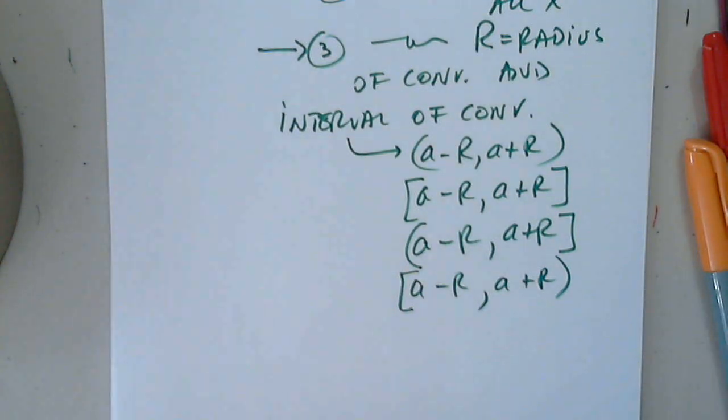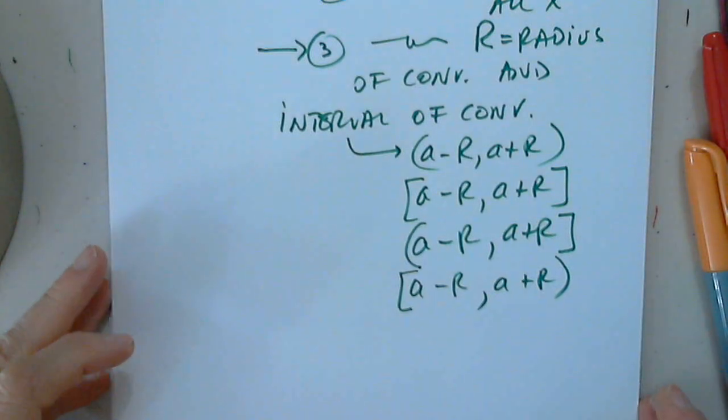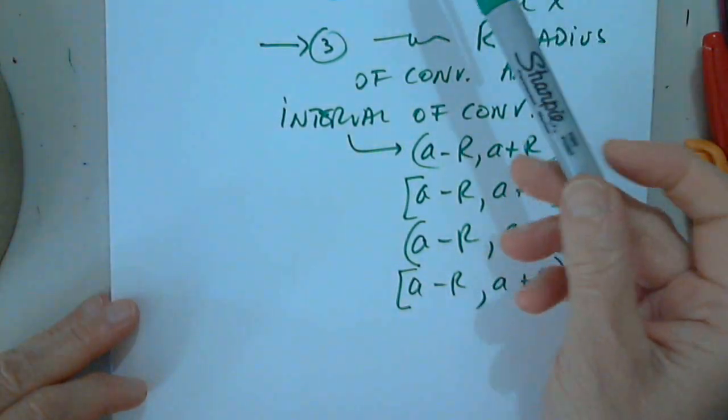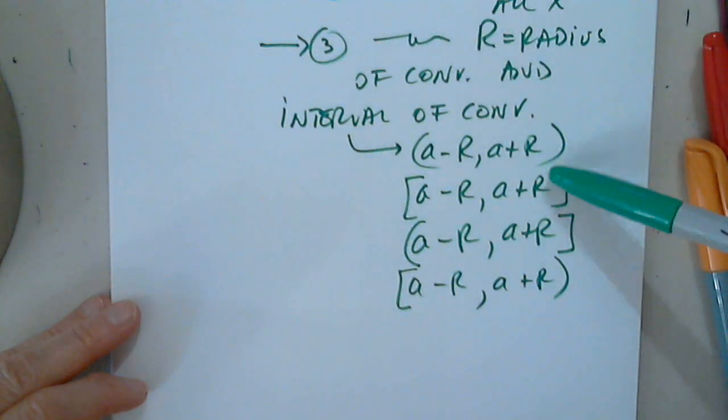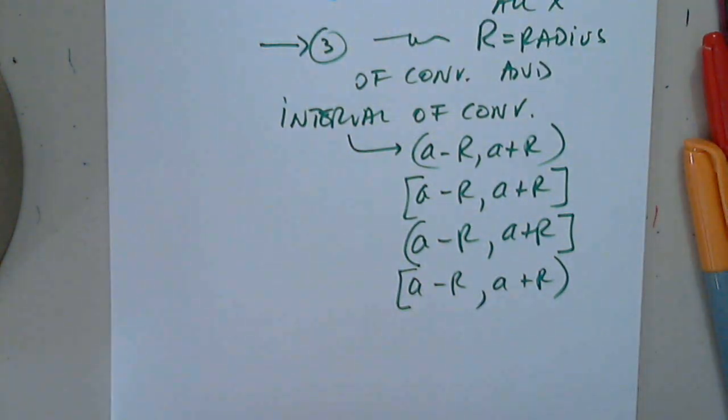So we have all the necessary information to start working on examples and find the interval of convergence and the radius of convergence for different series.